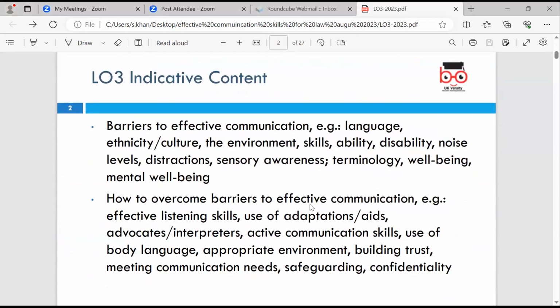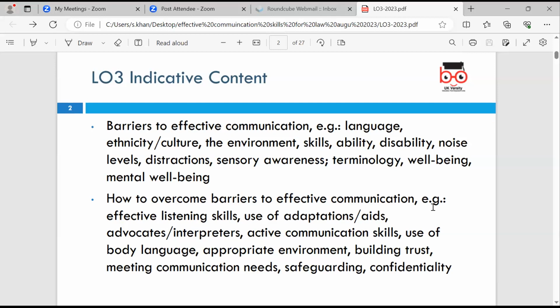So the indicative content. We look at barriers to effective communication, language being a really big barrier as well, ethnicity, culture, the environment, skills, ability, disability, noise levels, distractions, sensory awareness, terminology, well-being, mental well-being, and how to overcome these barriers to effective communication.